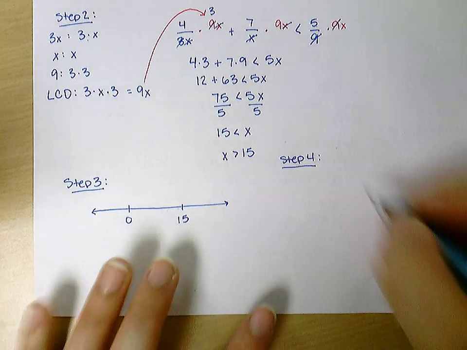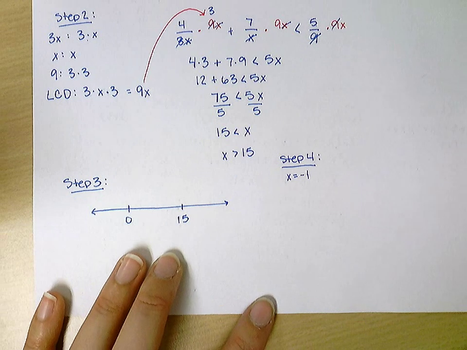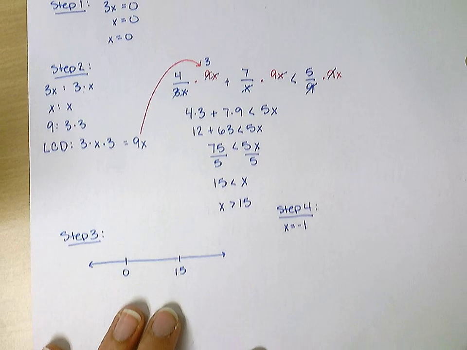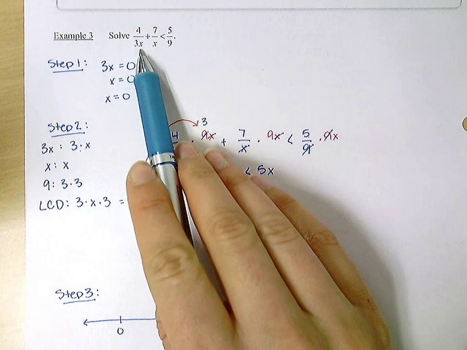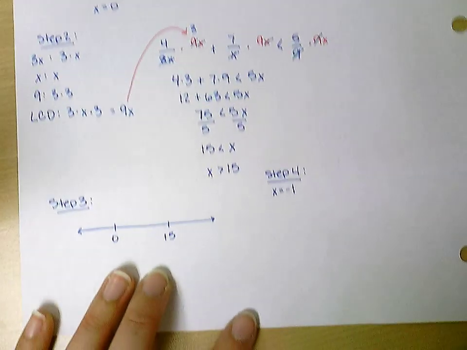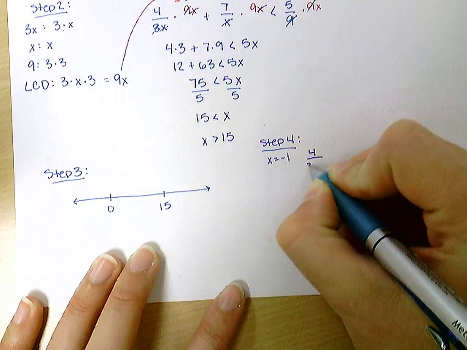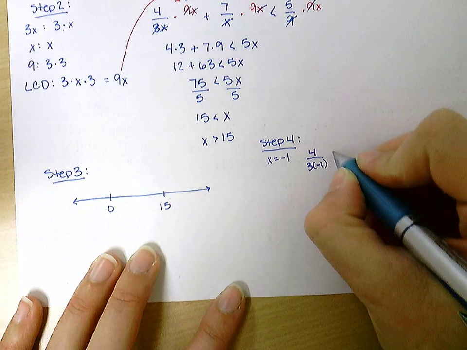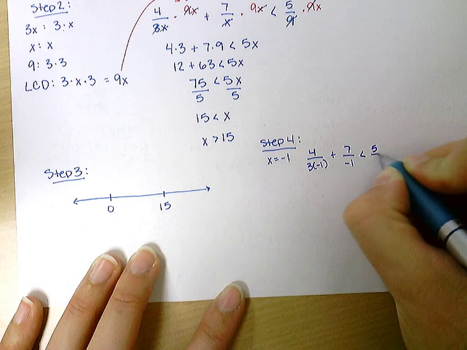Okay, that's less than 0. So if x is negative 1, I need to plug that into my original, which is up here. So plugging in negative 1 for those x values in the original problem, we would have 4 over 3 times negative 1 plus 7 over negative 1 is less than 5/9.